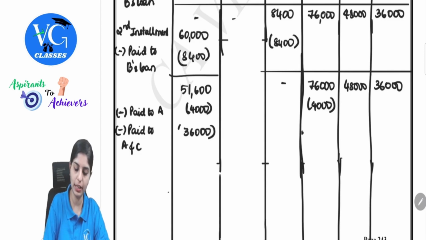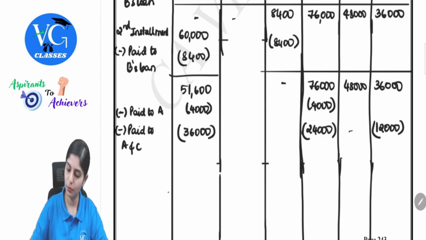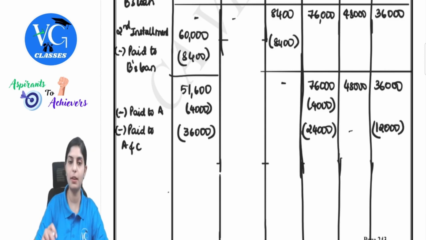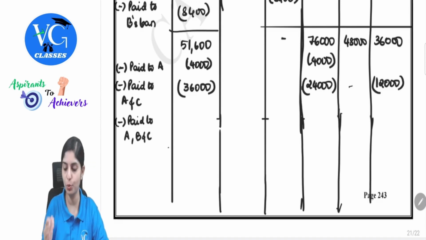I have understood the ratio, 24 for A and 12 for C. 51,600 minus 4,000 minus 36,000, I am left with 11,600. So this will be paid to A, B and C in 2:2:1.